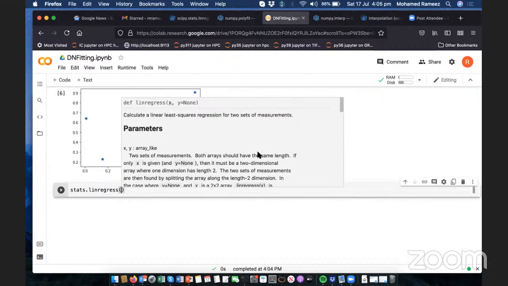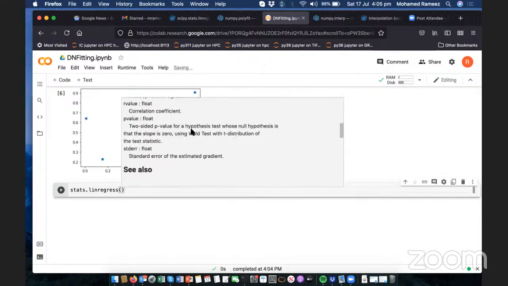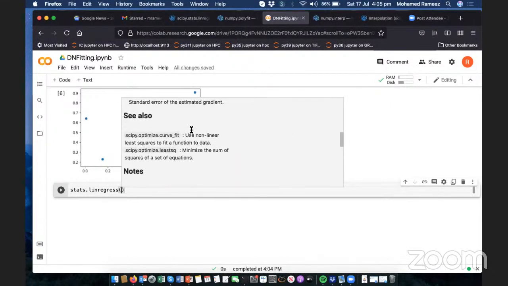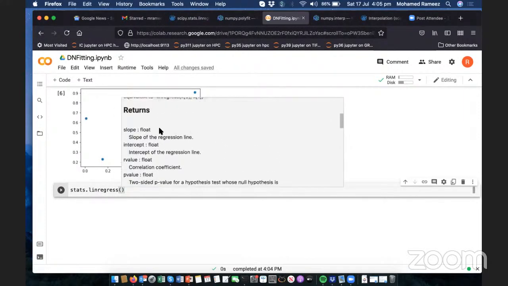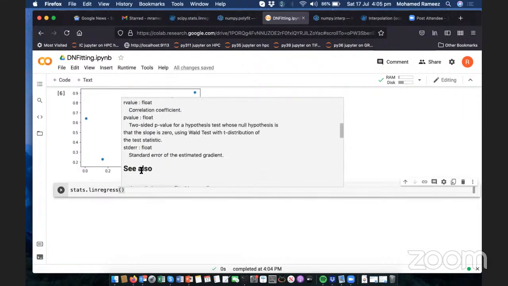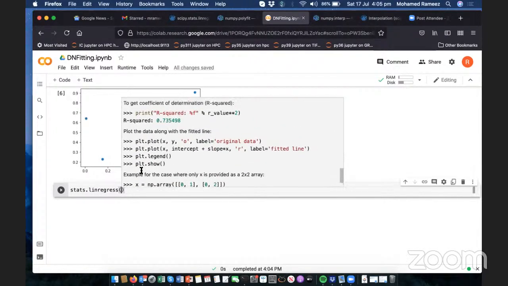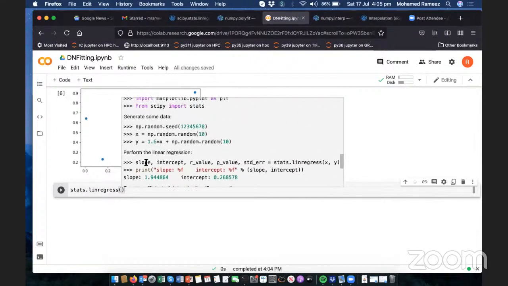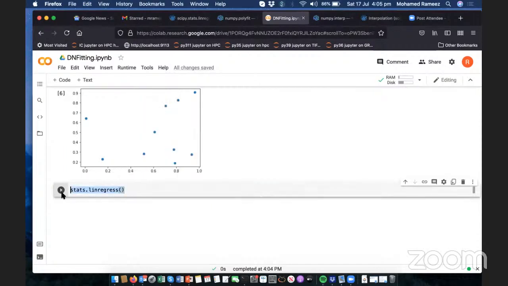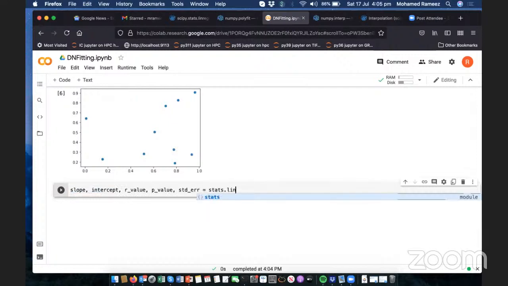This is a help that has popped up on its own in Colaboratory, and it takes x, it takes y, and it returns 5 numbers which correspond to slope, intercept, R value, P value, standard error, equals stats.linregress(x, y). So let's now see what that does.